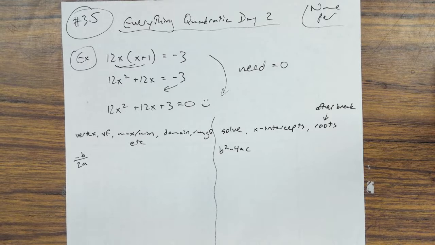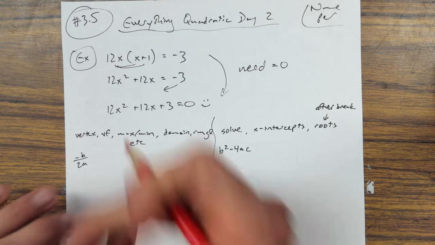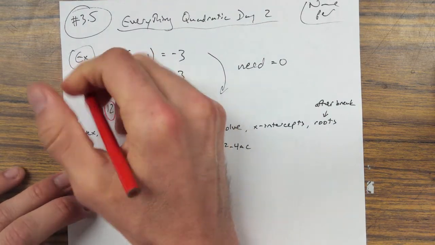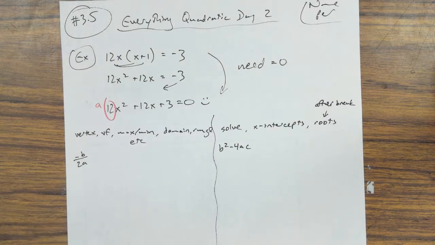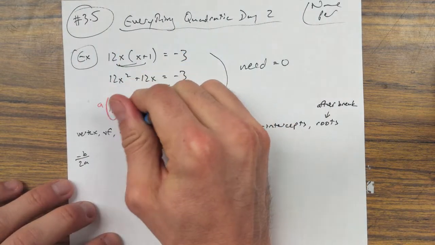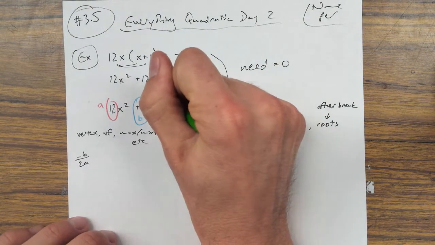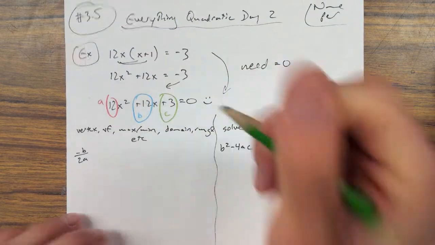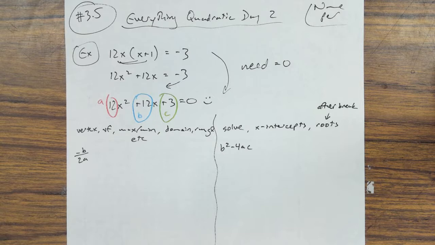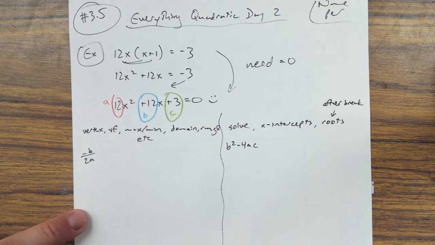Once you're there, you just work each formula out and you get your answers. So we first must identify A, B, and C. A is 12. B is 12. And C is 3. And we're going to take those numbers, plug them in, and see where we go.